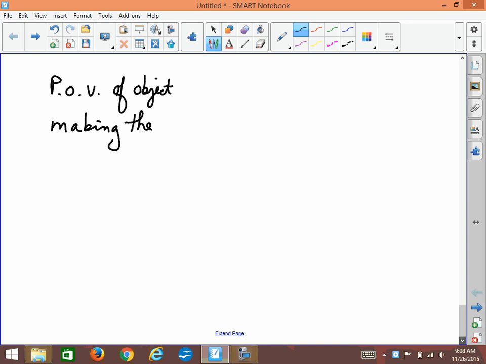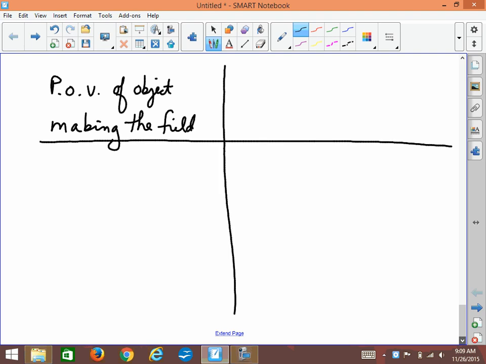If you have a giant mass and you want to know what the field strengths are around that, you would simply do, for gravity, g equals big G, mass of that object, over the distance squared. For electricity, we've got E equals K times the charge of that very same object over the distance squared.